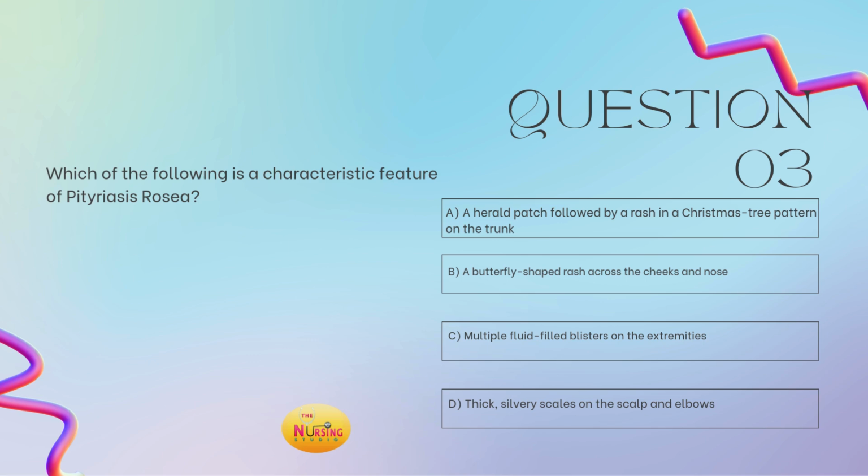When I say silvery scales, what do y'all say? Psoriasis, right? So things like this, I want you to be able to quickly identify, quickly associate, and be able to run it back. When I say silvery scales or plaques, you say psoriasis. When I say herald patch or Christmas tree pattern rash, you say pityriasis rosea. If I say honey-colored crusted areas or lesions, you say impetigo.